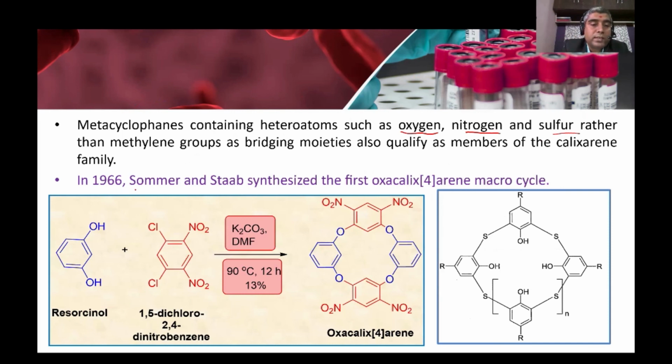The first synthesis of oxacalixarene was given by Schomer and Stepp, that is resorcinol plus 1,5-dichloro-2,4-dinitrobenzene, and we get an oxacalixarene. In a similar way, we can also get a thiacalixarene.